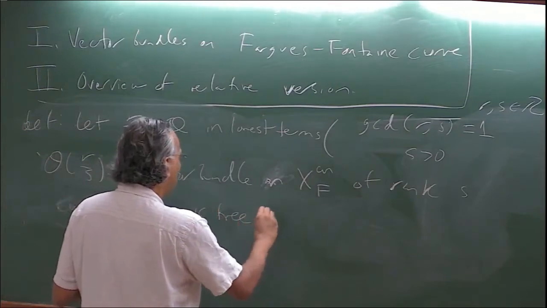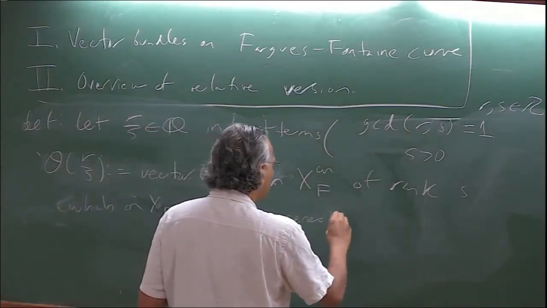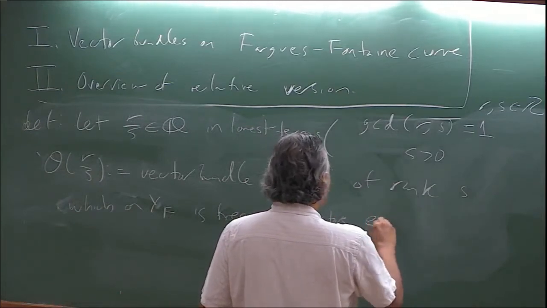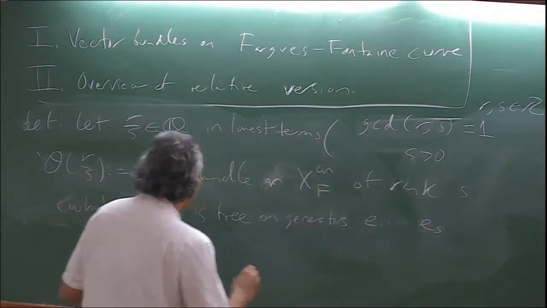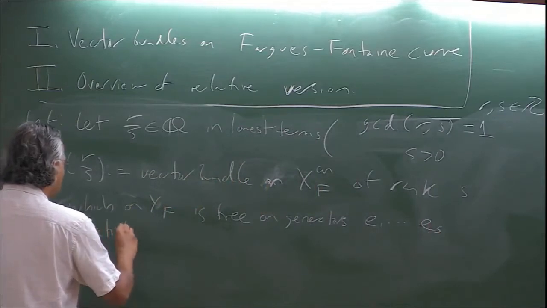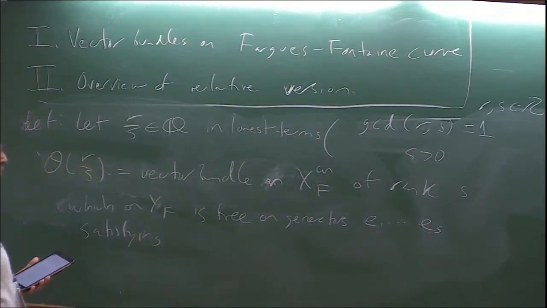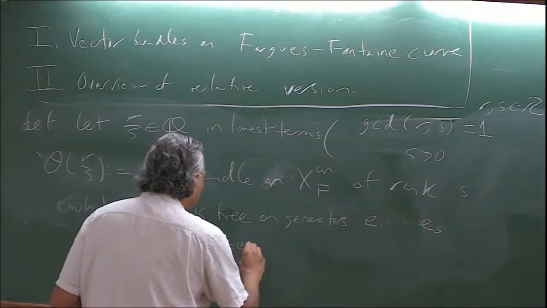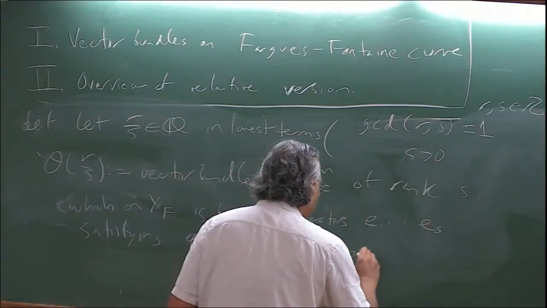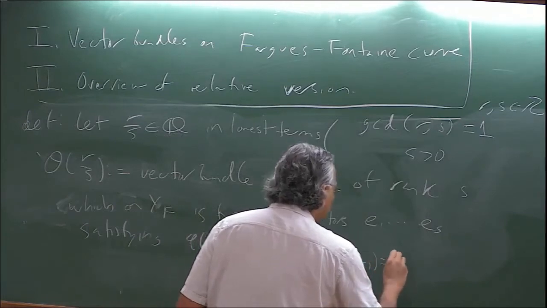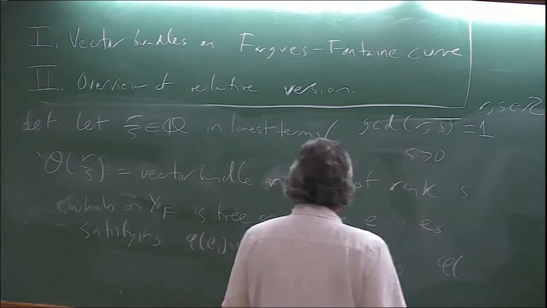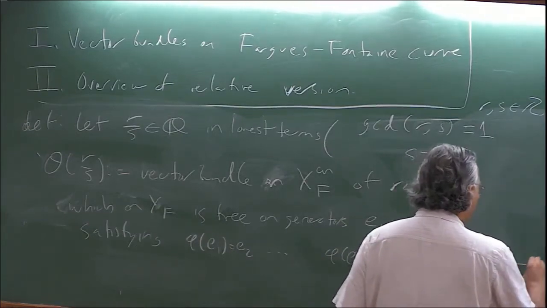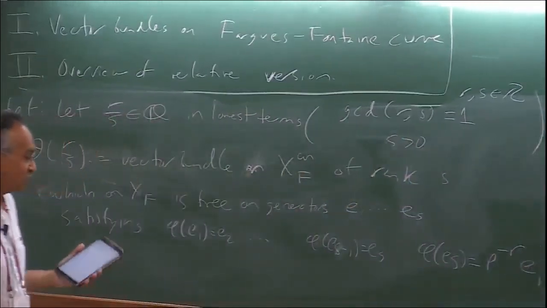This is going to be free on generators E1 through ES, and the thing I have to tell you is how the phi action operates on these generators. It's going to be a shift until I get to the end, and then the shift is going to be twisted by p to the minus r. So this should look familiar.